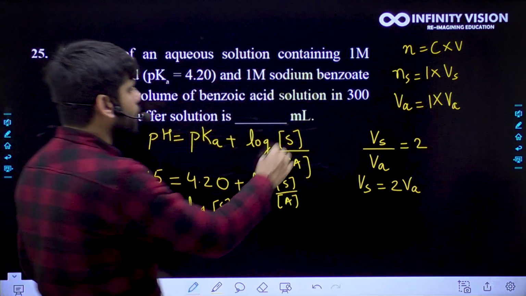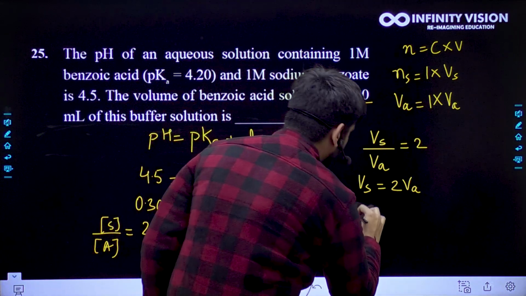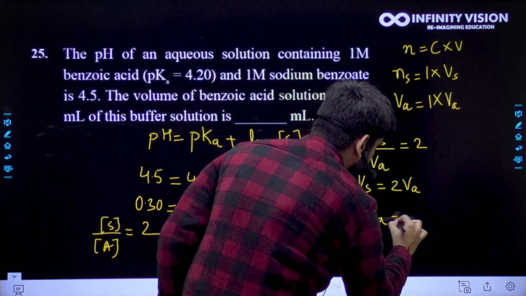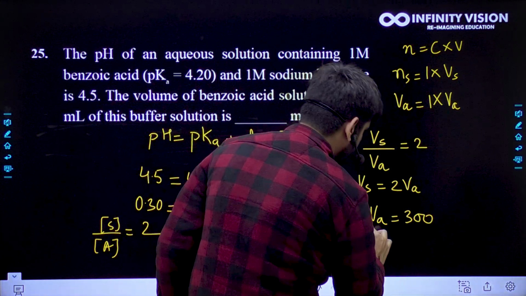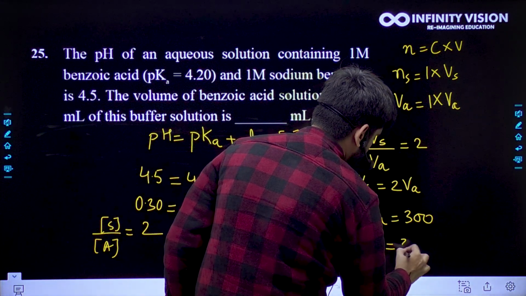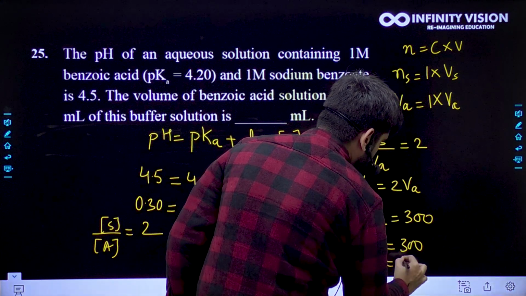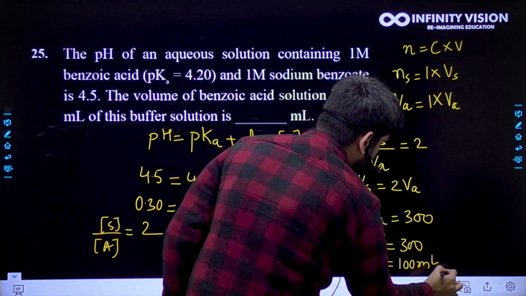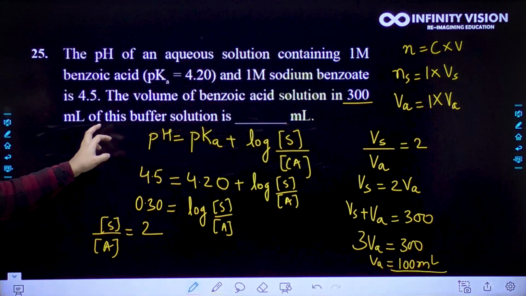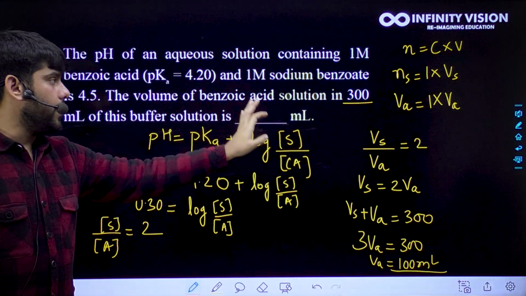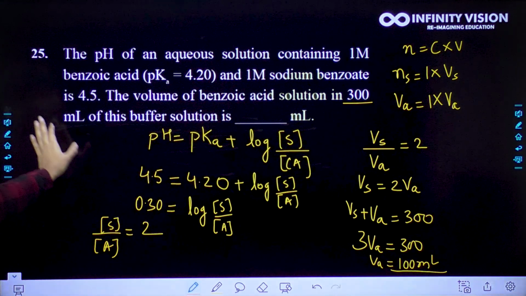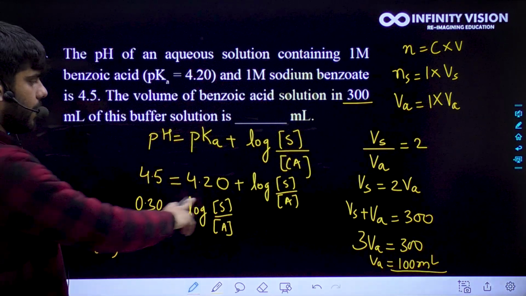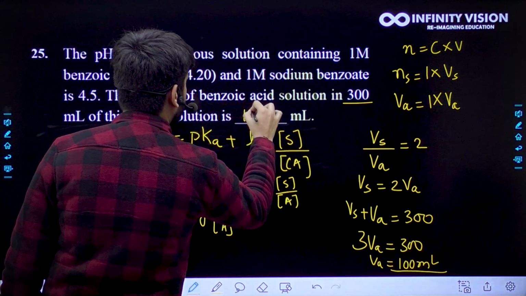And the total volume is 300. So Vs plus Va is 300. So I can say that 3 into Va is 300. So Va comes out to be 100 ml. So 100 ml is the volume of benzoic acid solution which is present in 300 ml of this buffer solution. All right. So the answer is 100 ml.